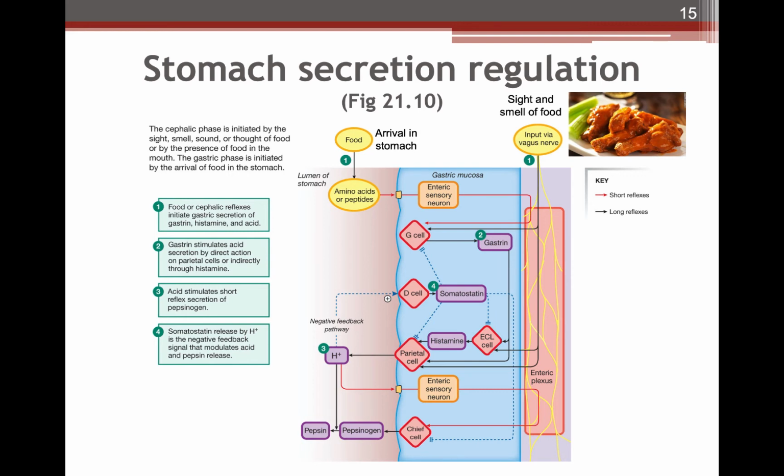Use a process map to study those so that you can force yourself to try to tell the story. Well, process maps can also help with this sequence of events that happens in the gastric glands to result in acid and enzyme production in the stomach.